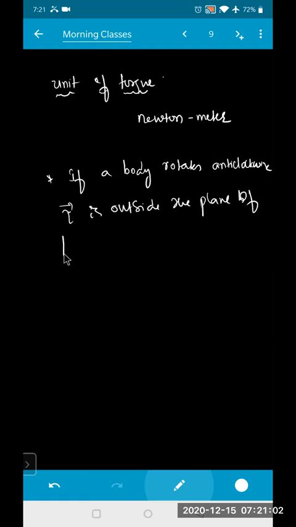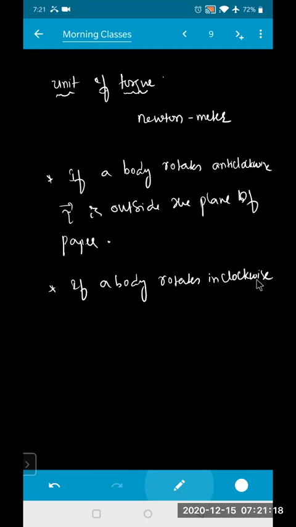And if a body rotates in clockwise direction, then torque tau bar is inside the plane of your paper.